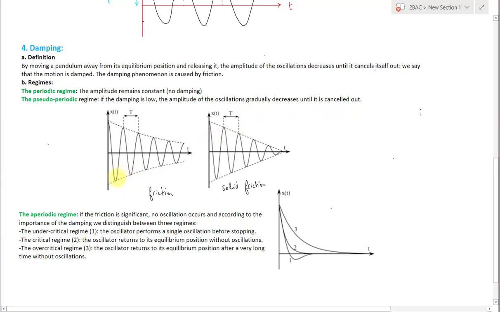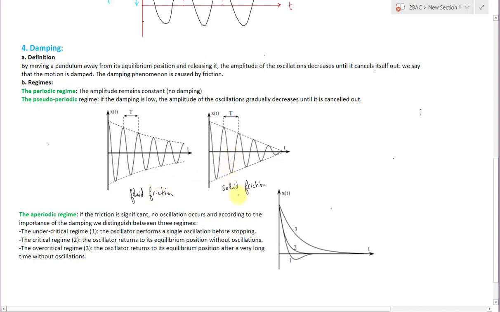Here we distinguish between two types of pseudoperiodic regimes. The first one is caused by fluid friction, where the amplitude decreases exponentially, and solid friction, where the amplitude decreases linearly. An example of fluid friction is friction with air, which is a gas, or friction with water, which is a liquid, also a fluid.